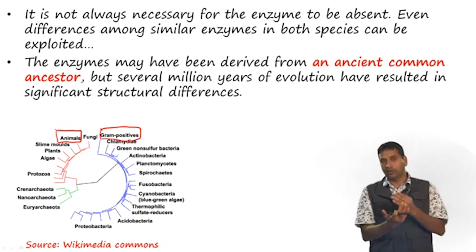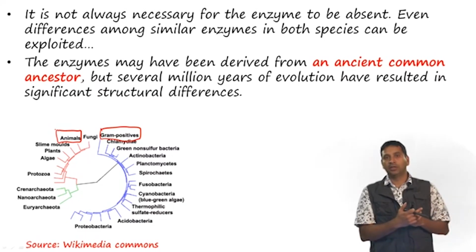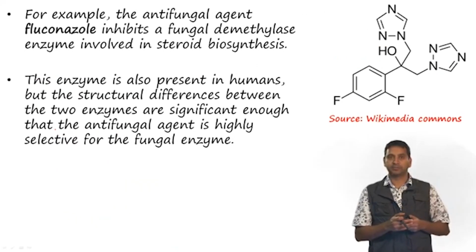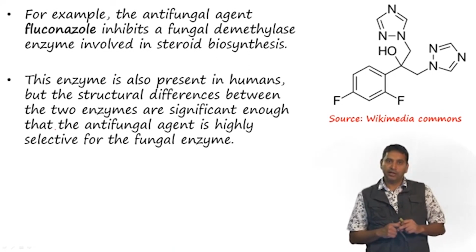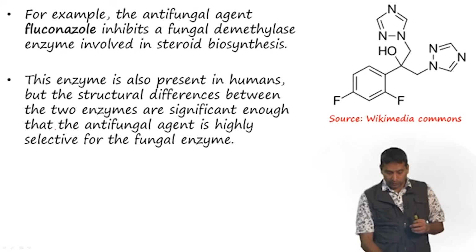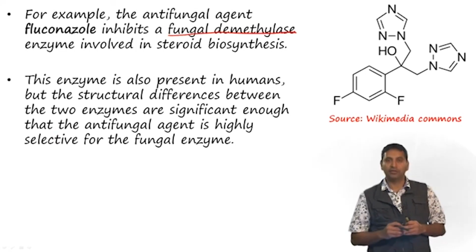So, in this particular case, we can exploit these structural differences to develop new drugs. This is very useful in identifying drug targets. An example here is the antifungal agent fluconazole. It inhibits an enzyme known as fungal demethylase, which is involved in steroid biosynthesis.